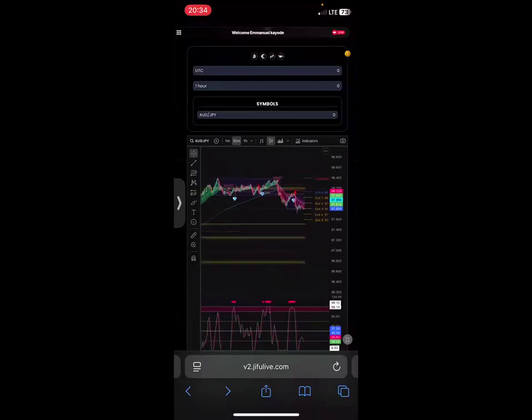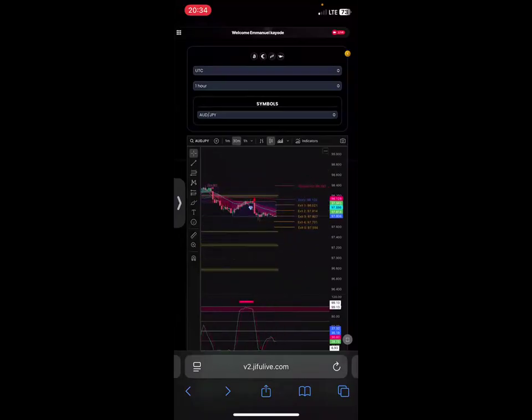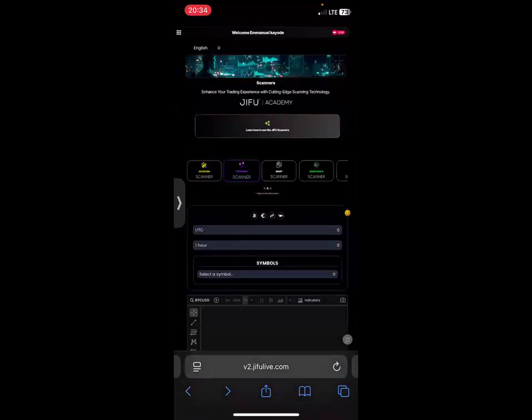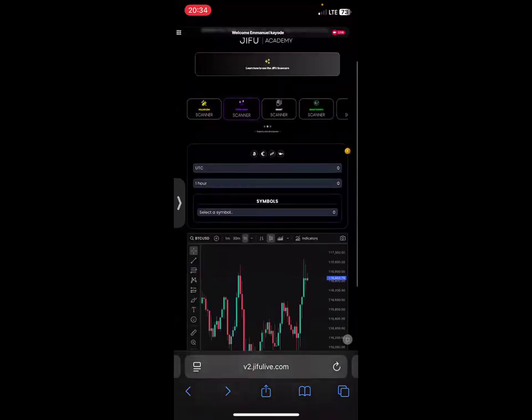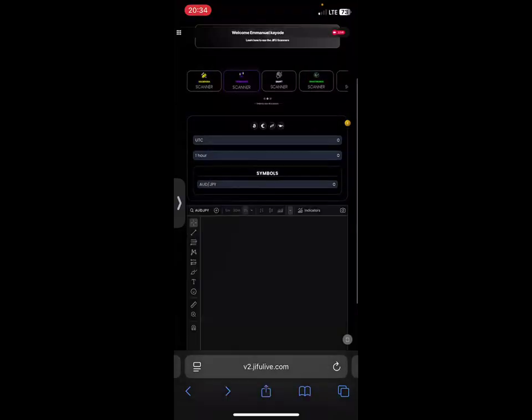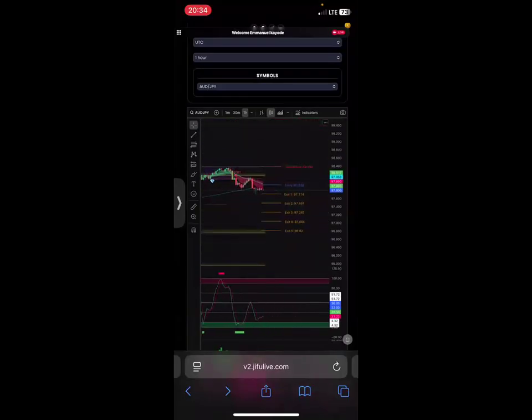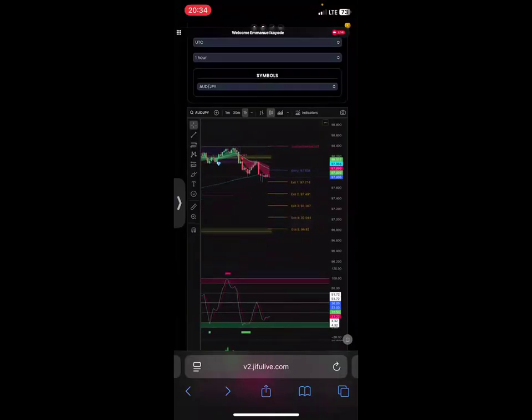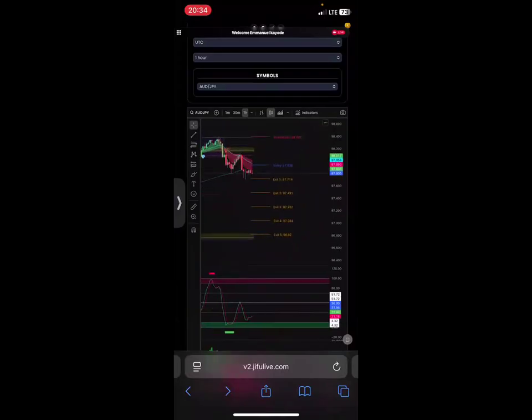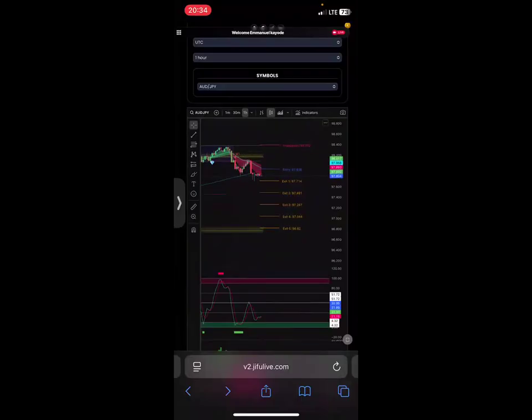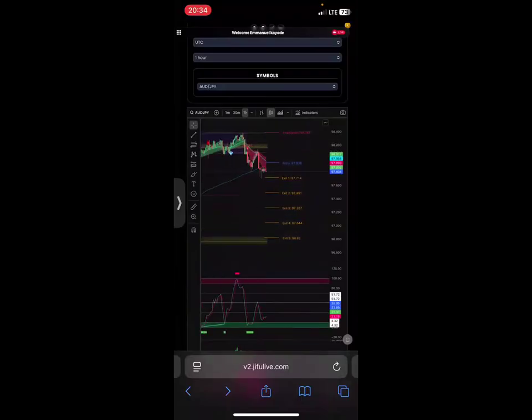Now, okay, look at that box I'm talking about, that consolidation box. You can see it. AUD JPY, the market is consolidating around that area. So you can set a pending order for this if you want to take it.